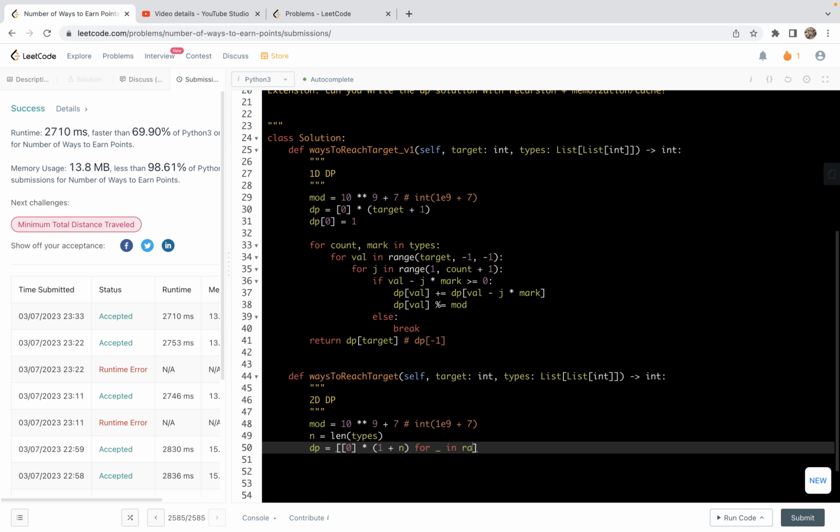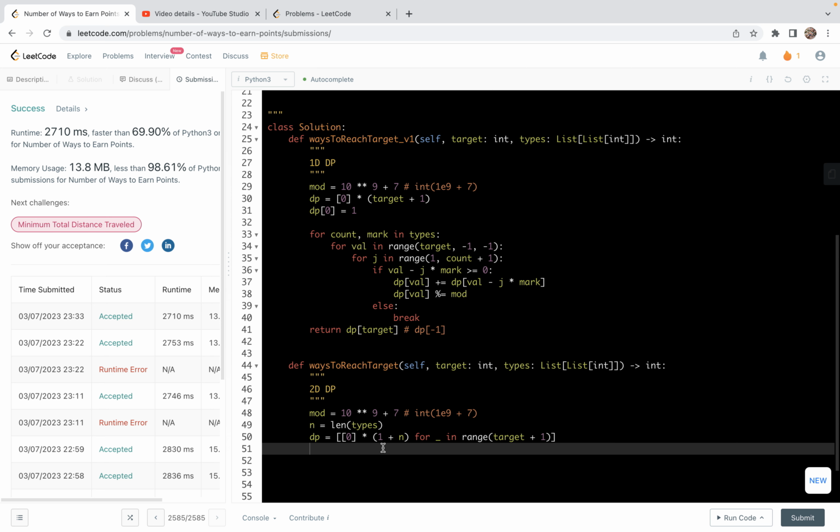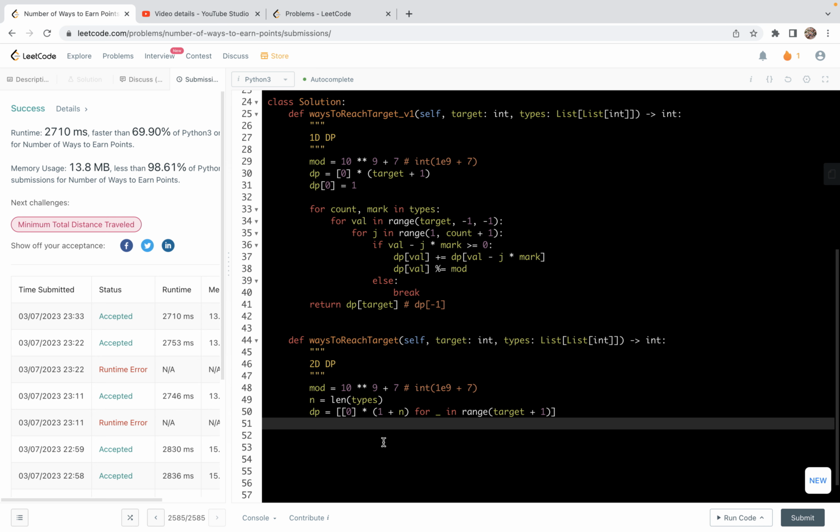So I'm going to copy this part first. And then let's first get the length. Then let's use a 2D dp table. So 0 times 1 plus n.